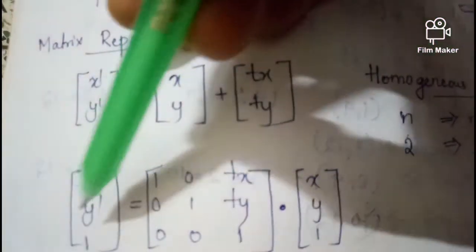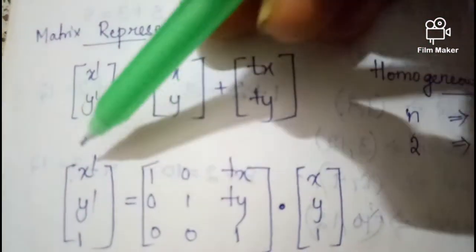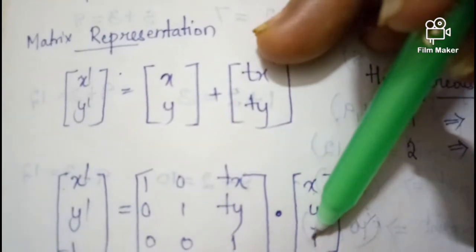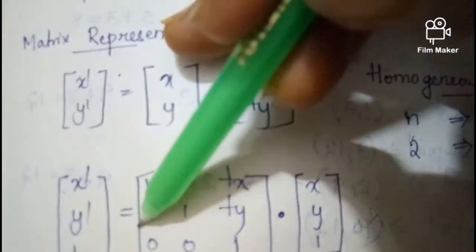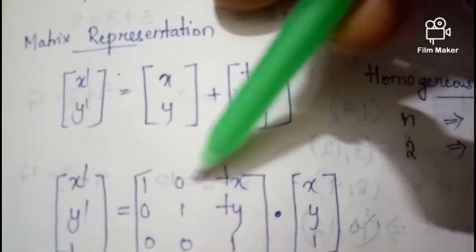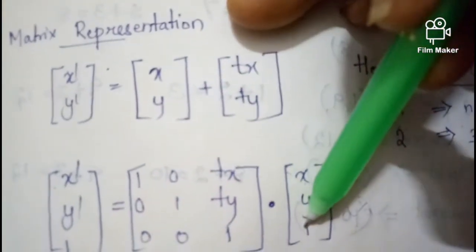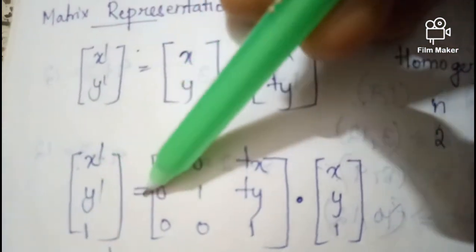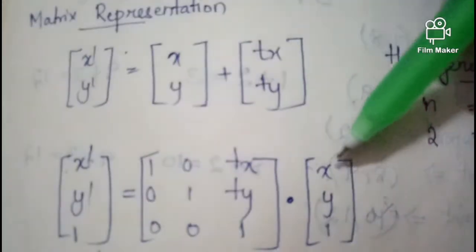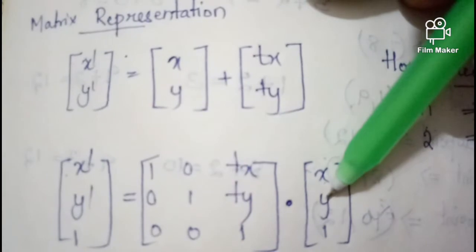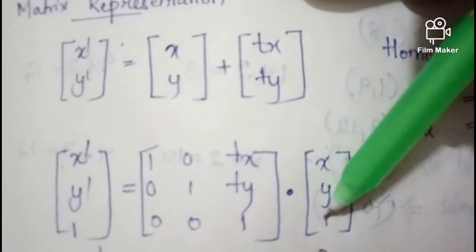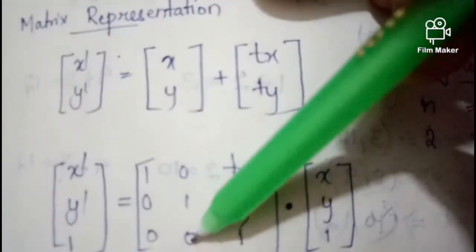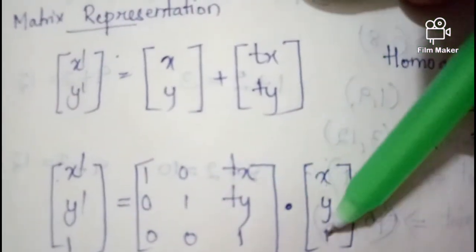So now let us combine these 3 together. x dash is equal to this into this. That is, x dash is equal to x plus tx. You got the equation? Now y dash is equal to y plus ty. Now the third one, 1 is equal to 1.